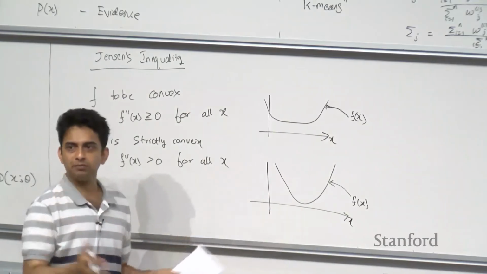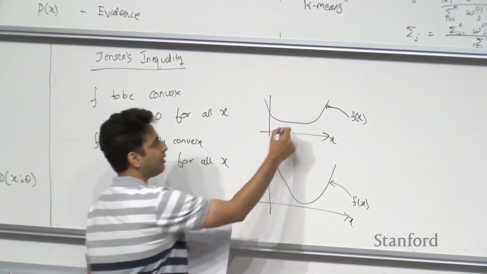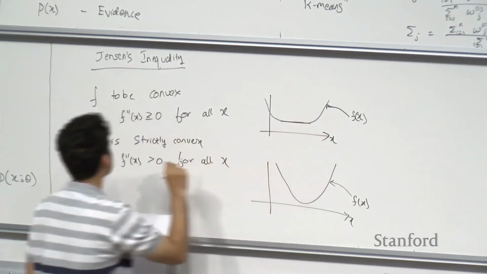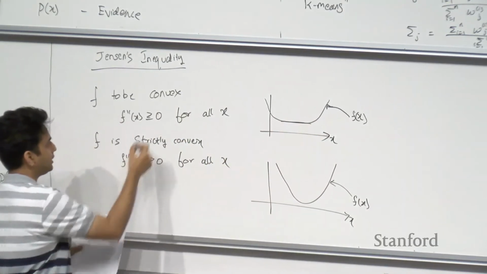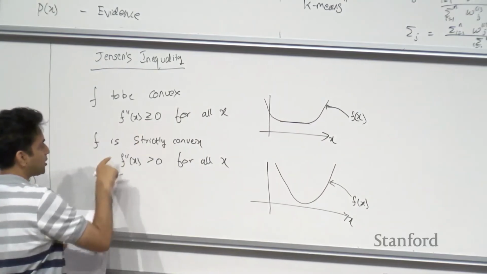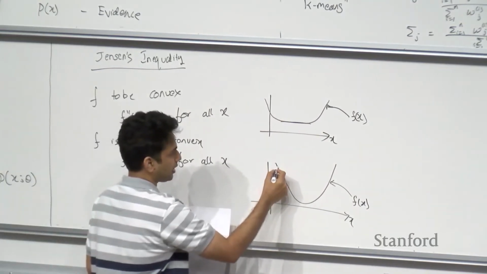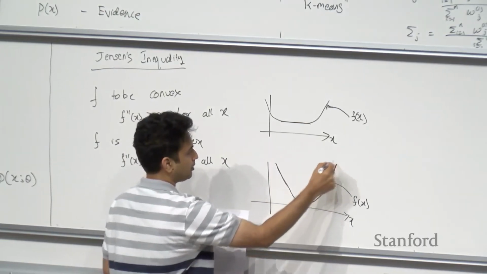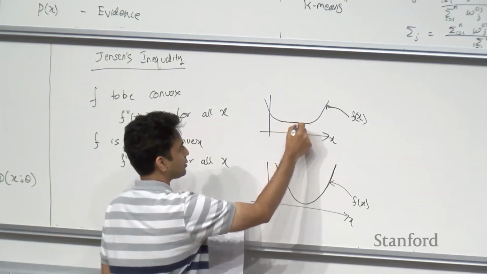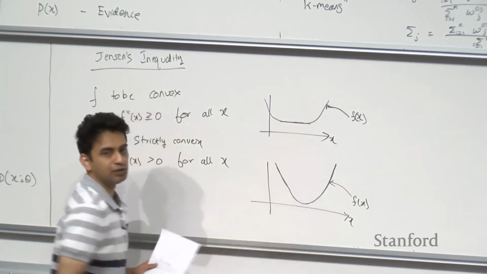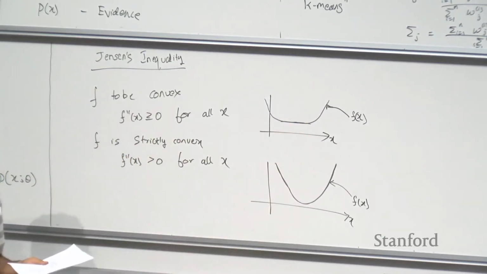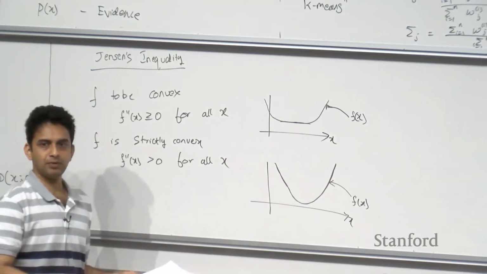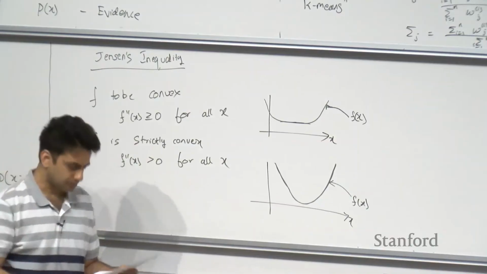Convex functions are bowl-shaped, and they can have a 0 second derivative in a few places. But in a strictly convex function, the second derivative is never exactly equal to 0. It's always greater than 0. If there are straight lines for certain input ranges, the function can still be convex, but for a strictly convex function there cannot be straight lines. It should always be curving upwards.